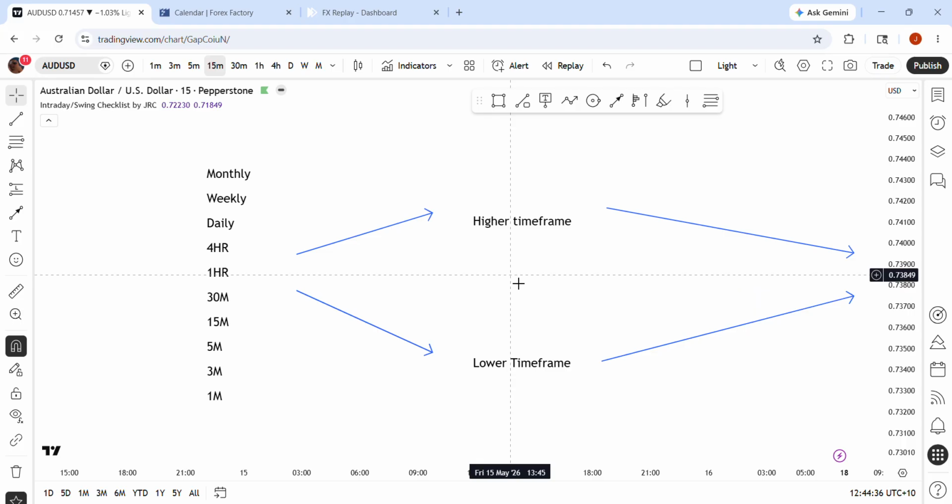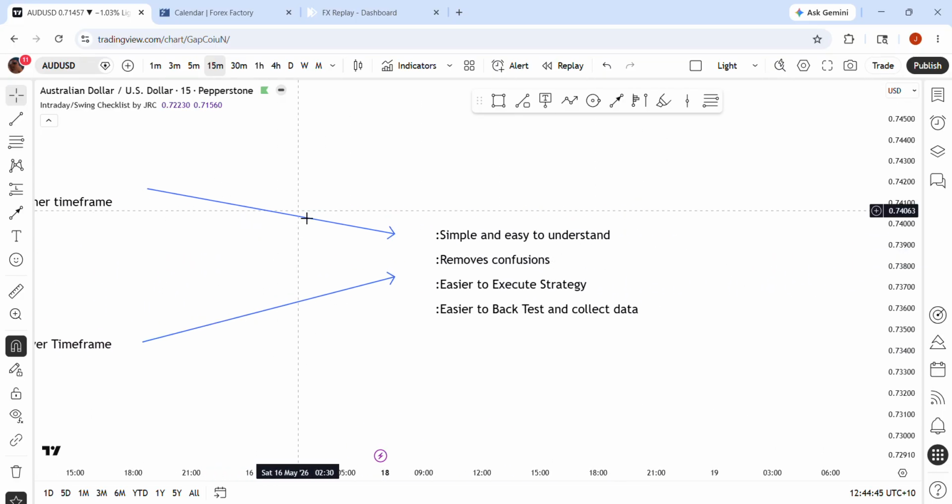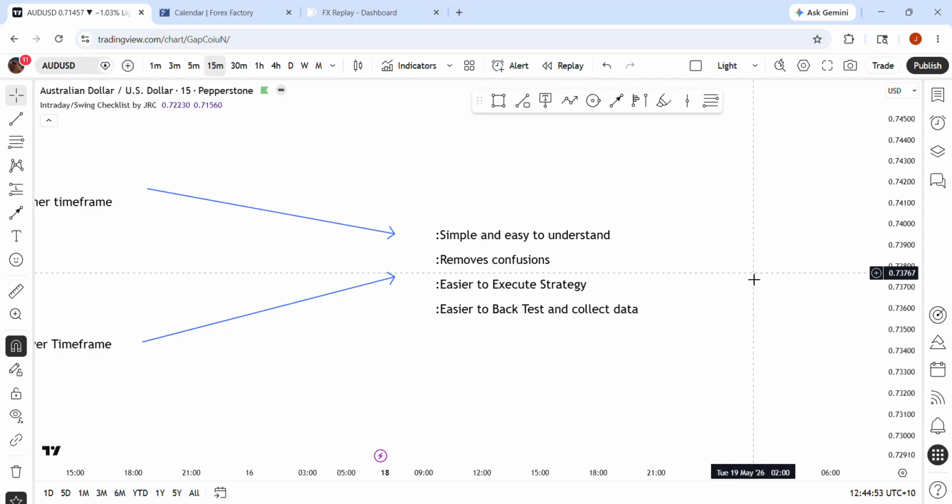So what benefits do you get from using just a higher time frame and a lower time frame? Well, the benefit is that it is simple and easy to understand because you're only focusing on 2 time frames. It removes the confusion because we don't have to do a top-down analysis through multiple different time frames, because I can guarantee that the moment you start adding 4 or 5 time frames, probably 2 of those time frames are meaningless.